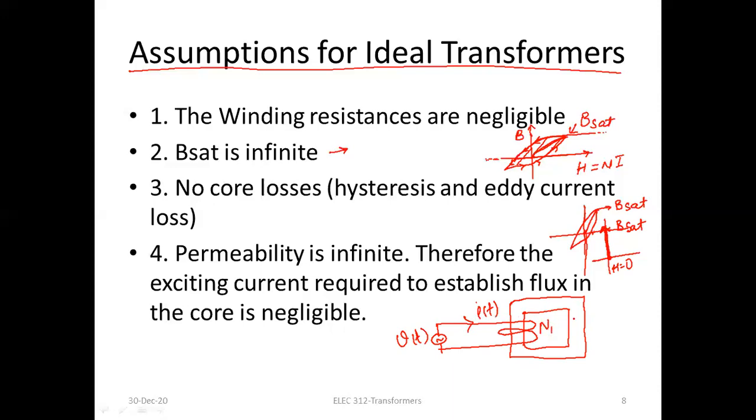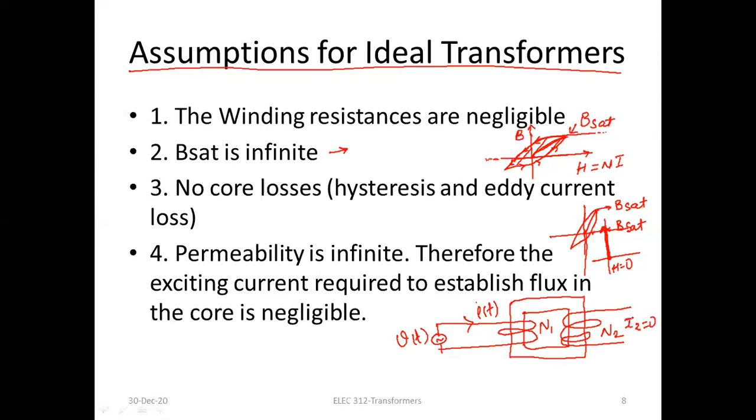I am drawing the primary here, and the secondary like this, and its number of turns is N2. In this case, if you are not connecting the load, the secondary current is not there, but there is still a flow of primary current. Because we are not connecting a load here, the secondary current I2 is 0.